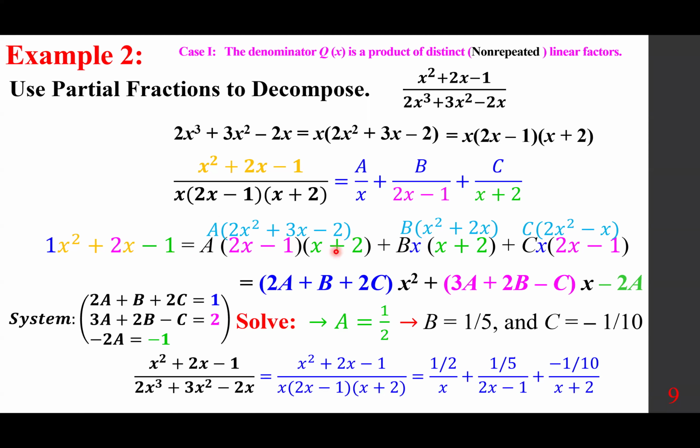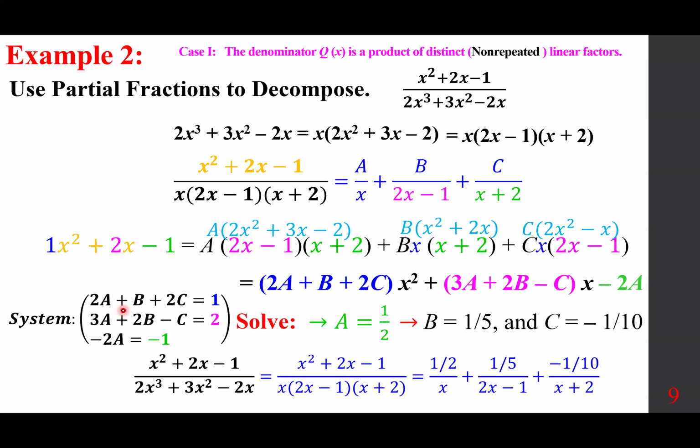On the other hand, if you choose x to be negative 2, this goes away, because it makes it 0. Then replace the negative 2 for the x here, and you find c. So there is a way to find it without the system. I'll go over that in the next example.